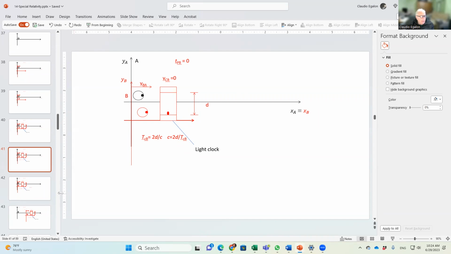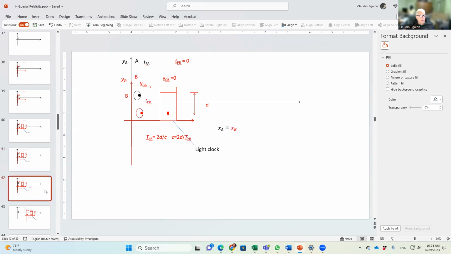Okay, that's what we're going to do. And again, I'm going to repeat that. It just happens that the difference is that this guy here is going to see this photon traveling in a diagonal fashion, whereas this other observer is going to see the photon traveling in the vertical direction only, up and down.